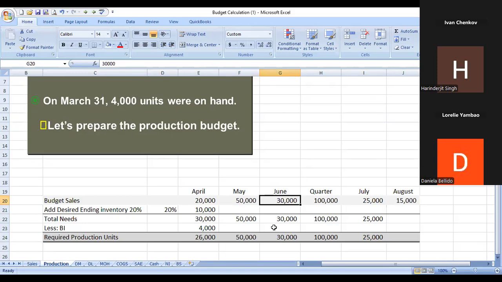So we need 20% of the 30,000 to be available at the beginning of June. So we're going to get that 20%. So we need to have 6,000 more from our sales. In total, we need to have 56,000.